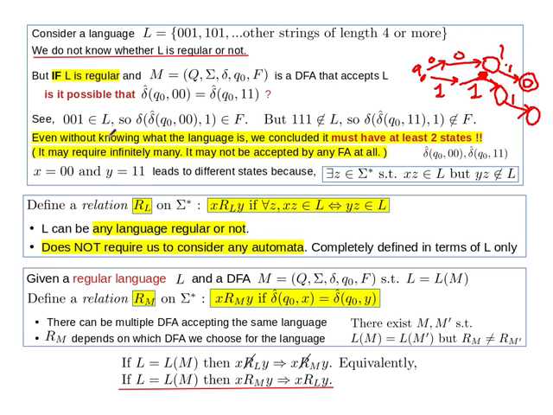So even without knowing what the language is, we concluded that it must have at least two states. It may not even be regular, so it may not be handled by any finite automata.